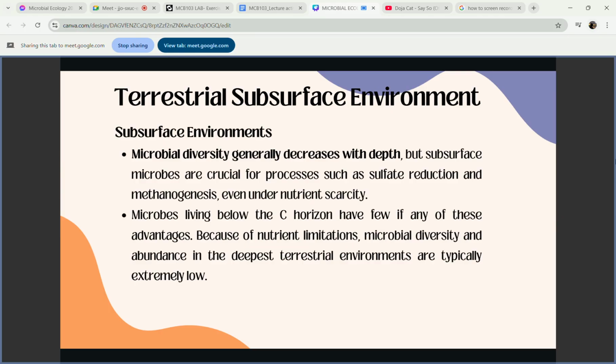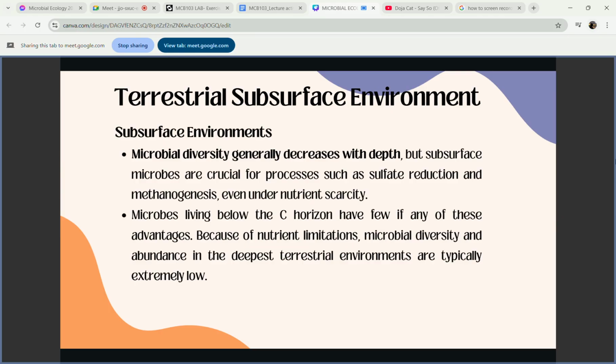The microbes living below the soil horizon have few, if any, of these advantages, so microbial diversity and abundance in the deepest terrestrial environments are typically extremely low.